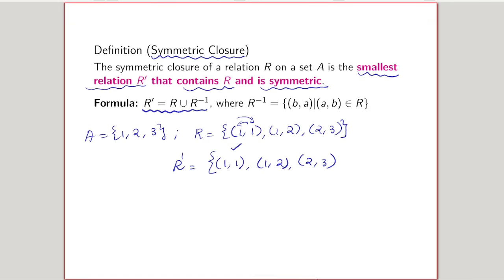Changing (1, 2) gives (2, 1), which is not there in R dash, so we include (2, 1). In the same way, changing (2, 3) gives (3, 2), which is not there in R dash, so we include (3, 2). That's all. This R dash is called the symmetric closure of the given relation.